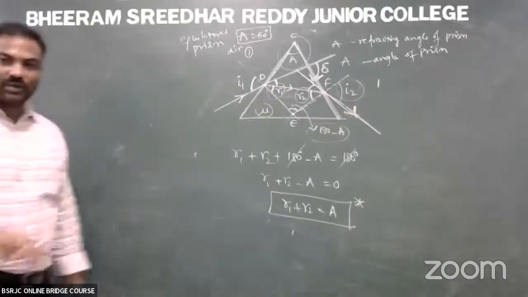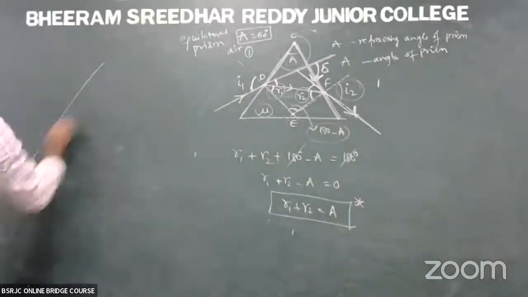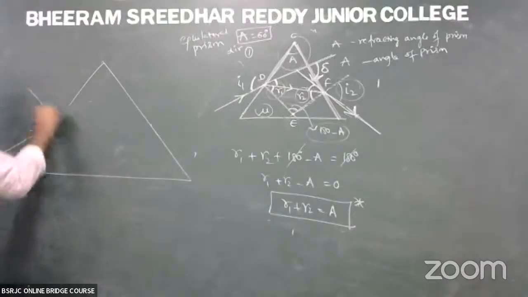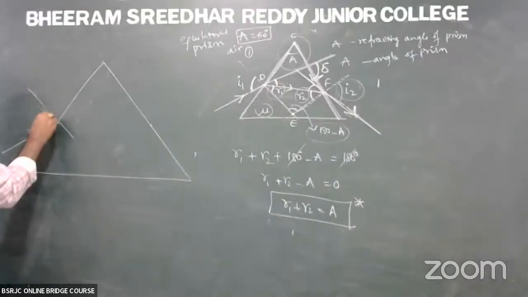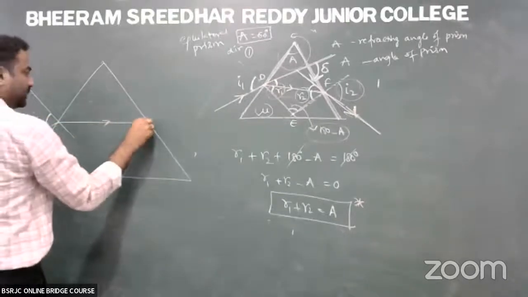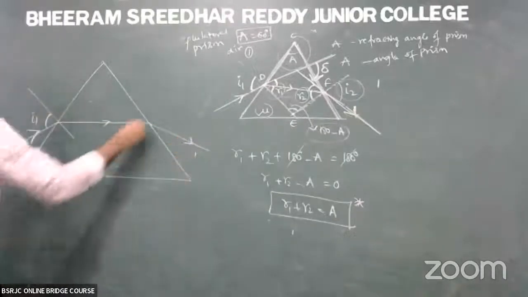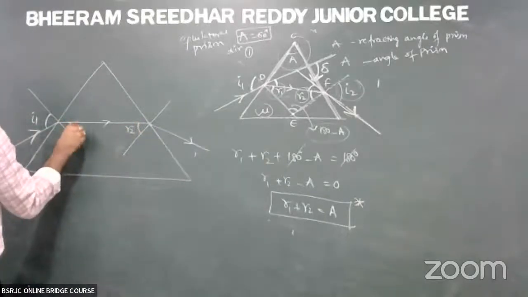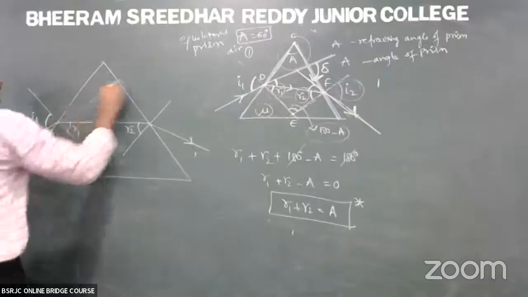So the same diagram I am drawing again. See, this is the prism, let us say. This is the ray and this is the normal. Then this angle is I1. Again it is coming out. This is the other normal. This angle is R2. This angle is R1. Now this is the ray.